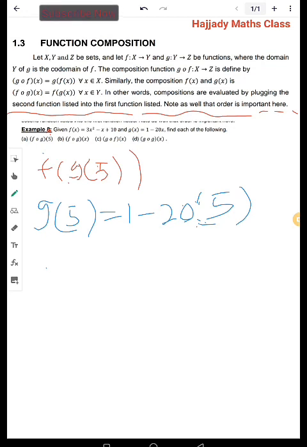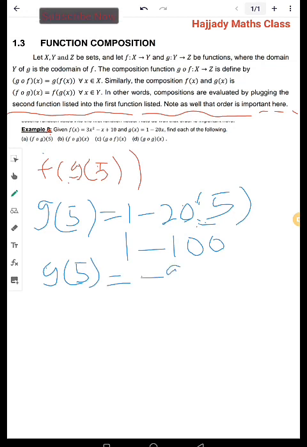So 5 has replaced the value of x. 1 minus 20 multiplied by 5, which is 100, gives 1 minus 100. So now our g of 5 equals minus 99.